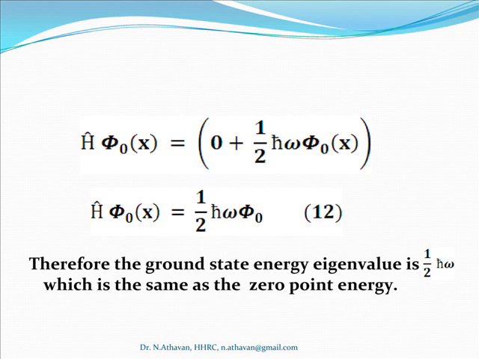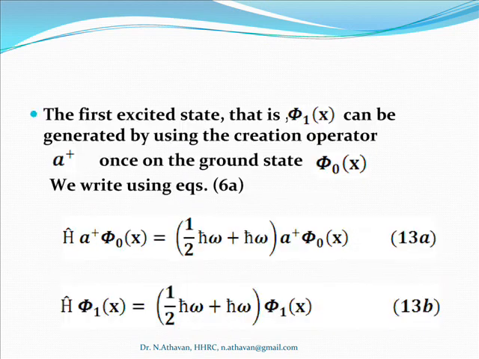So, having known the energy of the ground state, next I am going to find the energy of the excited states. For that, first I try for the first excited state, that is φ1 of x, which can be created by the creation operator a+ operated once on the ground state eigenfunction φ0 of x.